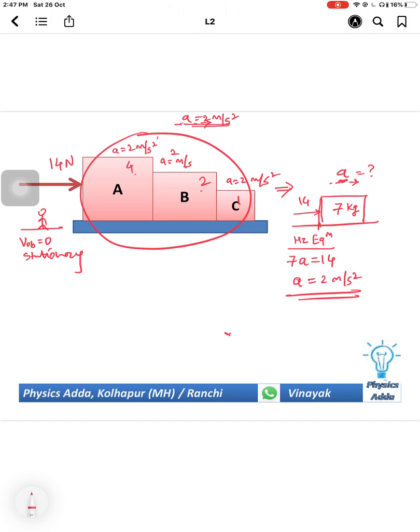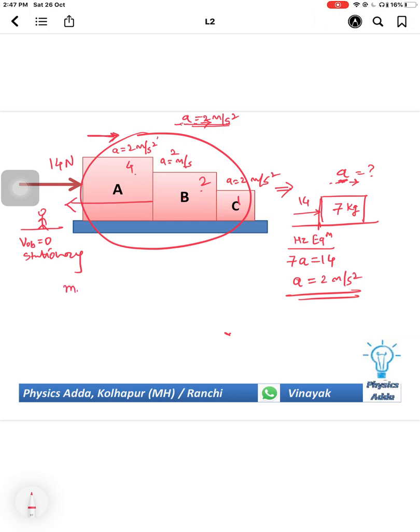In this case, B will impart a normal reaction on A in this direction, and acceleration will be towards right.